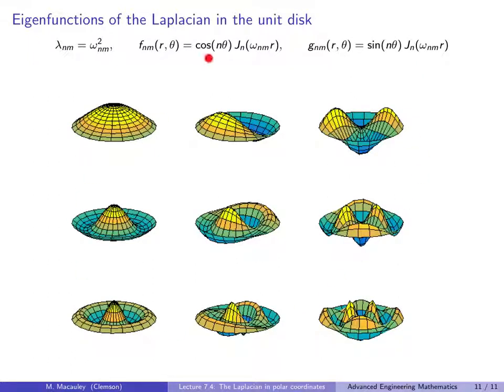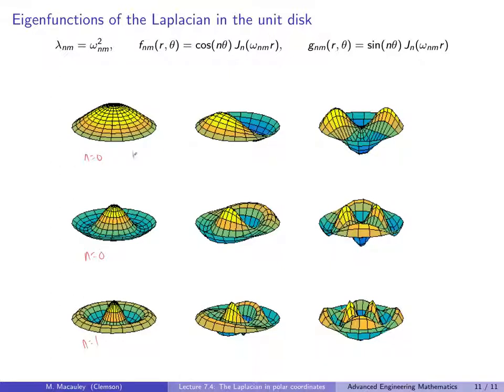Notice that cosine and sine are just functions of theta. So if you fix a radius and go around, you can figure out which is which. In this first one, if you go around at a fixed radius, it's constant. So that means that this cosine term has to be a constant. So here n equals 0 for all 3 of these.